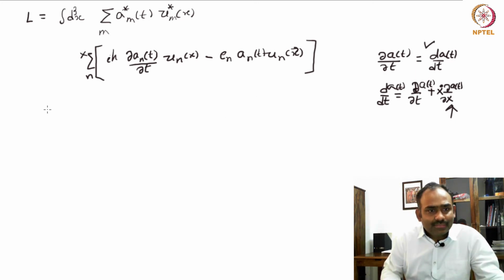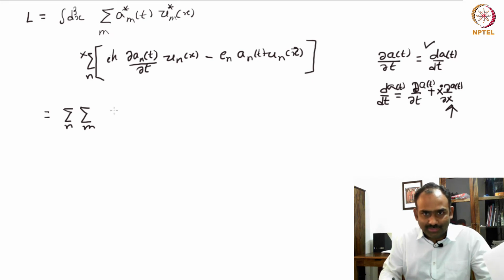So you get the following. You get summation over n, summation over m. Let me collect u_n and u_m's.